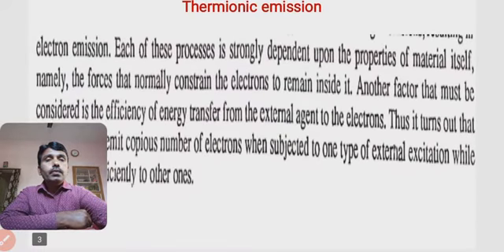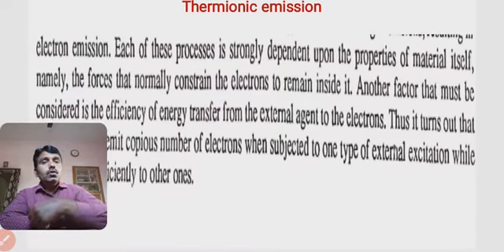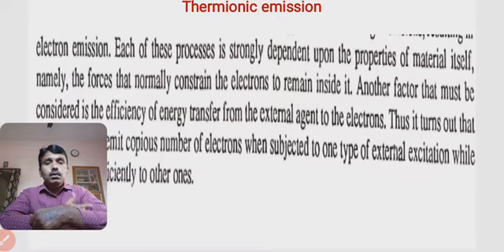It depends strongly on the properties of that material. The electrons remain inside because of the forces and do not escape from the metal surface. When they get a sufficient amount of extra energy, they leave the surface and the emission of the electron takes place.